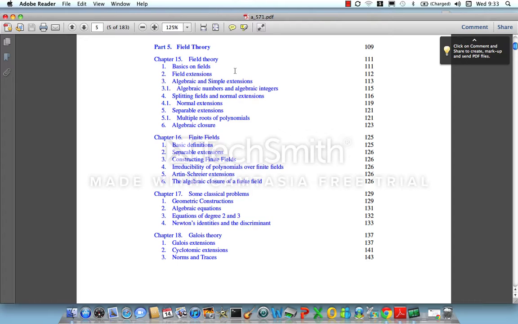We will do basic field theory, and then discuss finite fields in detail. Then we will discuss some old classical problems that you probably have heard of from high school, namely geometric constructions, algebraic equations, and things like that. Then we will get to Galois theory.